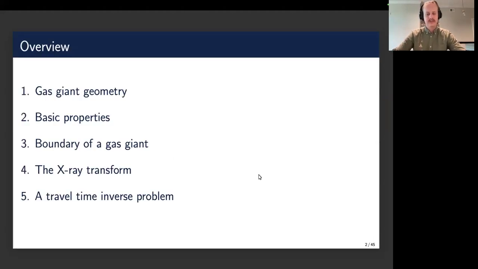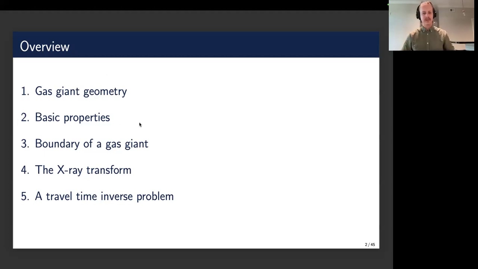Good. Okay, so my talk will contain roughly 5 parts. We will start with the most important one and discuss what this gas giant geometry is, and particularly where it comes from. So if you catch nothing else from my talk, this is the most important part. Then we will get ourselves a little bit more familiar with how this gas giant business works.